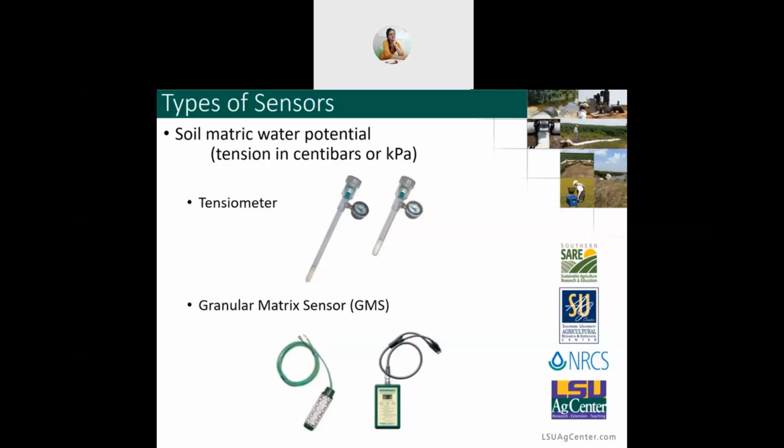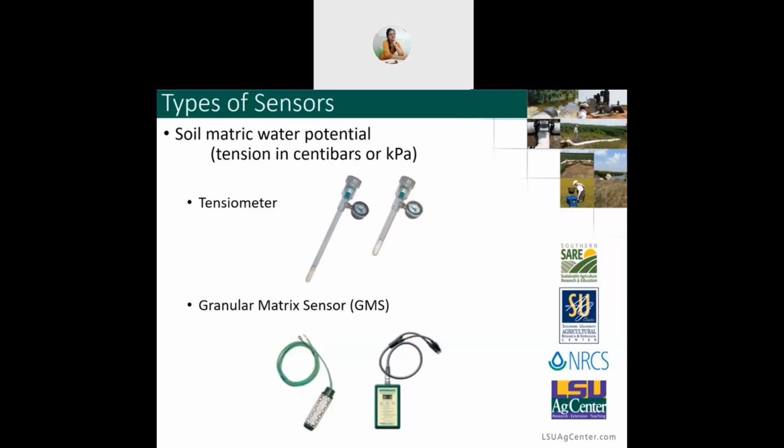That is a tube filled with a liquid, like distilled water, and put under a vacuum, and the tube is buried so that the pressure gauge is sticking out of the soil. As the soil dries, water will be pulled through the clay and the pressure will increase on the pressure gauge. And so you can read that pressure every day and see how much water is leaving that soil.